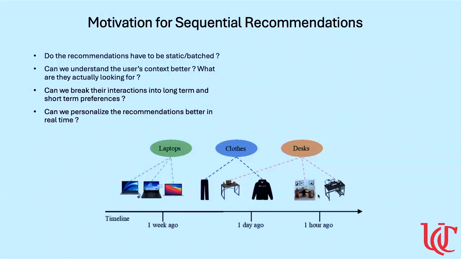So what exactly is the person looking for? Can we get some sort of context just looking at their current interactions, clicks, or what they have been adding to bag? That is the main motivation for sequential recommendations, and to get better personalization on how the user has been interacting.